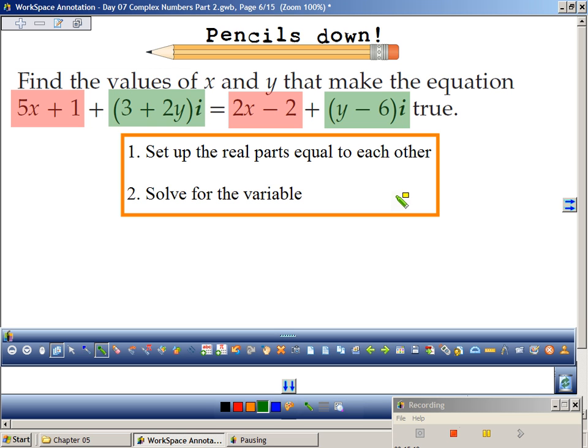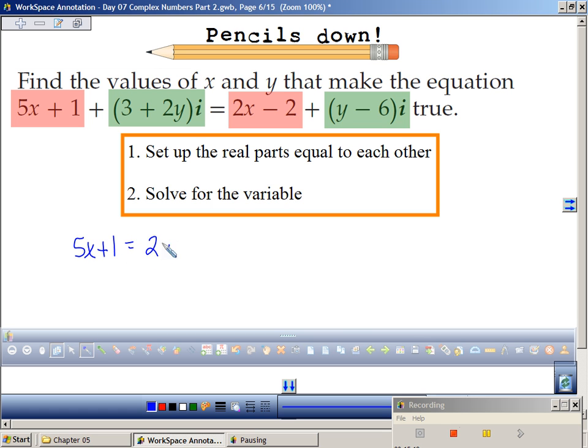And here's an imaginary part. So 5x plus 1 equals 2x minus 2. 3 plus 2yi equals y minus 6i.